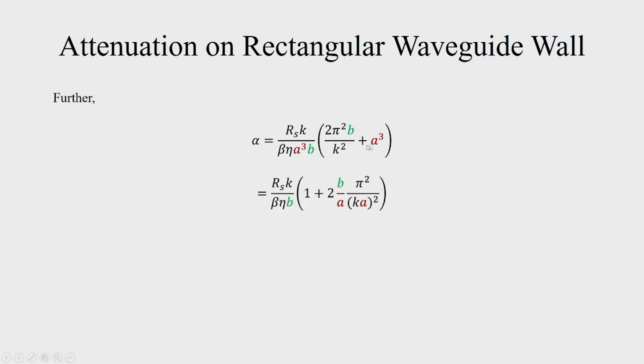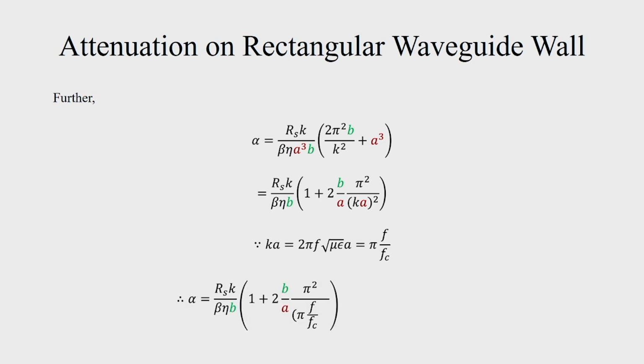If we take this a cubed outside, we can put the equation for alpha in this particular form, and we find that for a TE10 mode type propagation, this factor ka can be written as pi f by f_c, and therefore, alpha can be written as R_s k divided by beta eta b, times (1 plus 2b by a (f by f_c) whole squared).